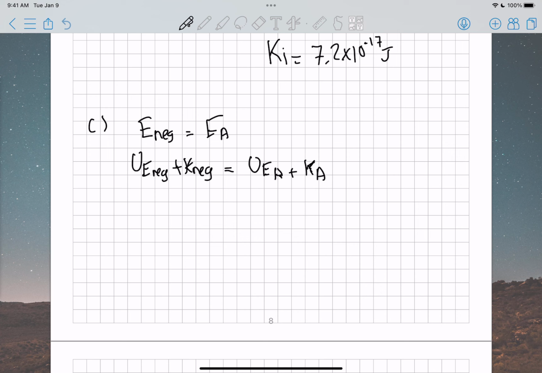We already figured out the kinetic energy at the negative plate, which is technically our initial energy here, which is what the charge was coming with. So this is our 7.2 times 10 to the negative 17 right here.